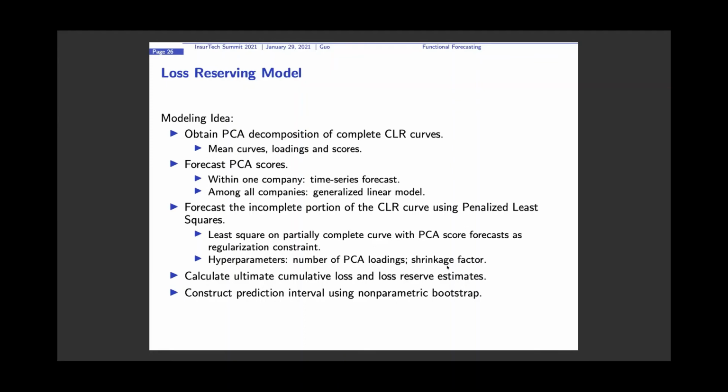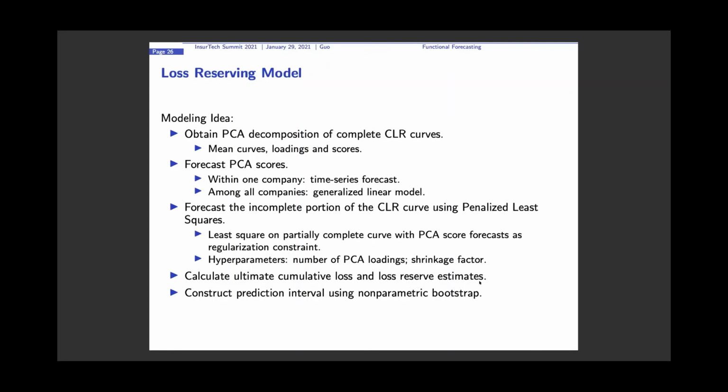So the past information, the PCA score forecast from the past complete curves, does convey some useful information. The number of PCA loadings picked varies. In some cases, the model picks 3 PCA loadings. In some cases, it picks just 1 PCA loading for the final model.